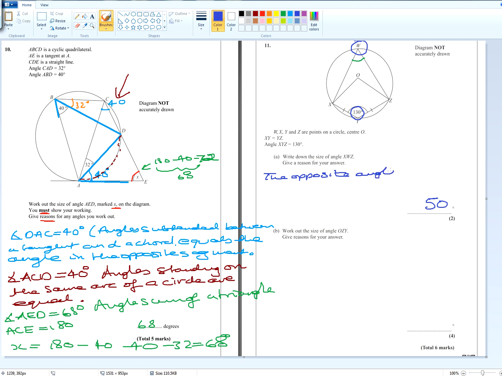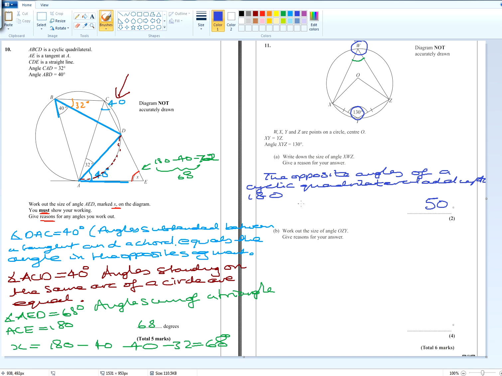Opposite angles of a cyclic quadrilateral add up to 180.